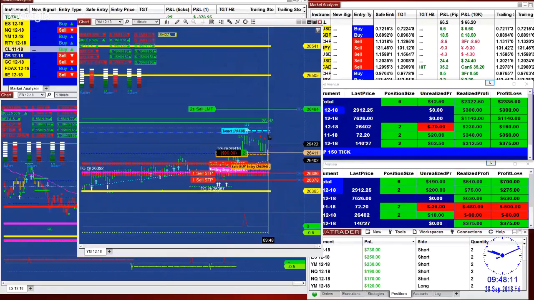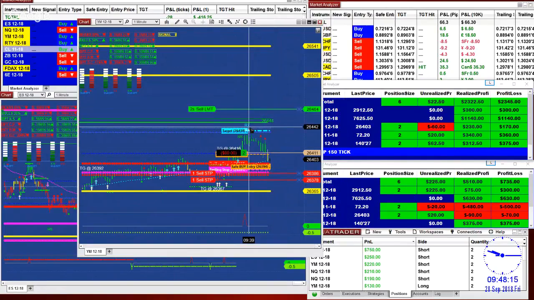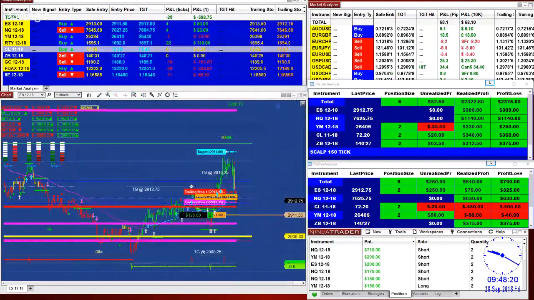Because sometimes when we hit the target, the market might steam for another 30, 40 ticks. Not all the time, sometimes. But most of the time, once it hits the target, there is not much to do. If you don't want to be advanced with it, you don't have to be an advanced trader.